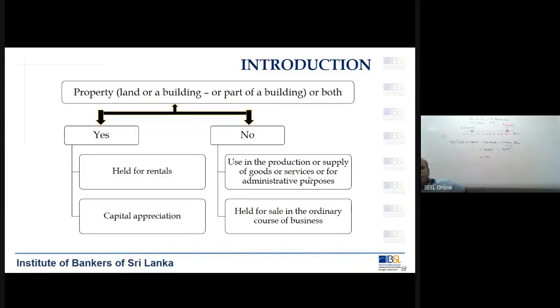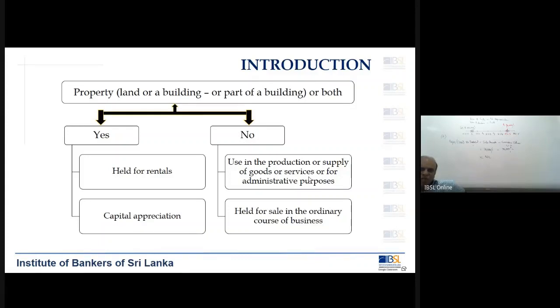How can you call it an investment property? Because I am holding it for rentals, or capital appreciation. Capital appreciation. These are the two important terms when you talk about investment properties.